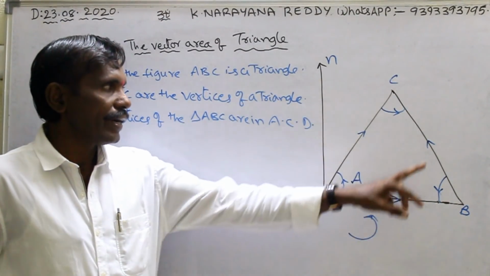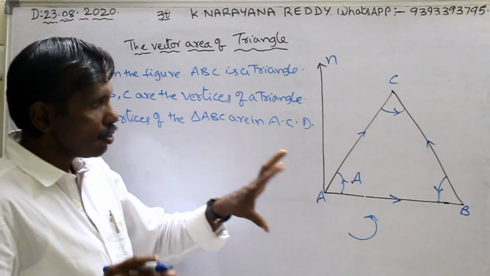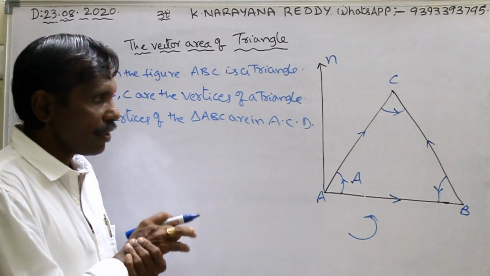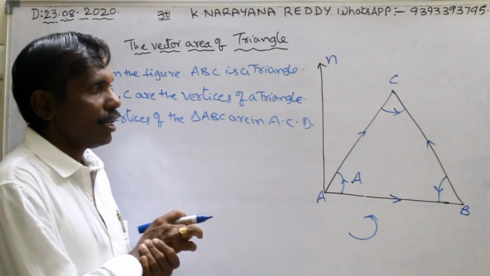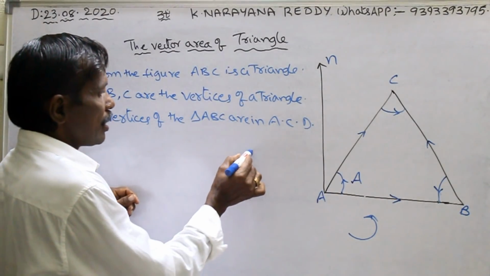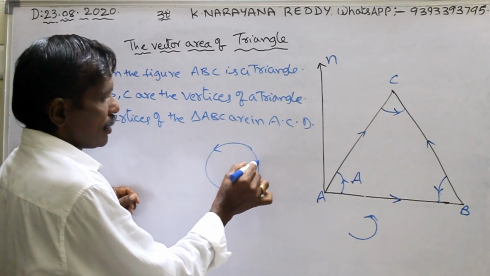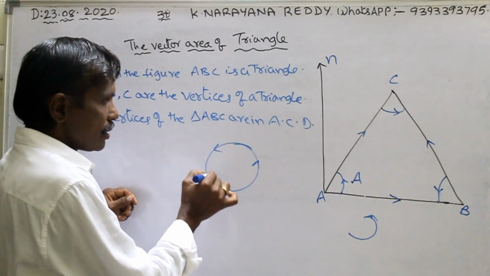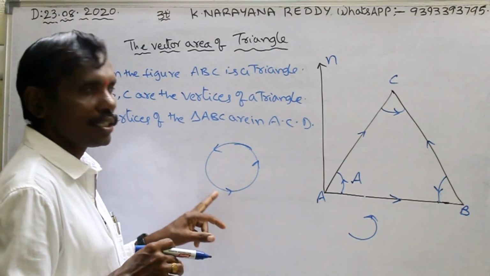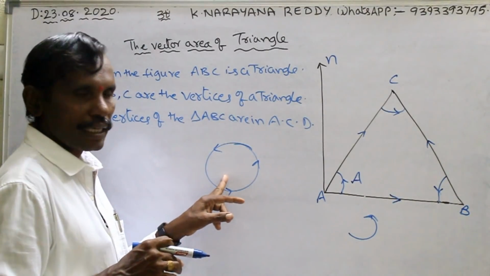But how do you say this is a closed curve? What is the difference between a circle and this triangle? In a circle you move along the curve in an anticlockwise direction.